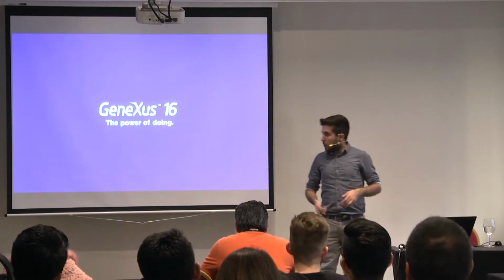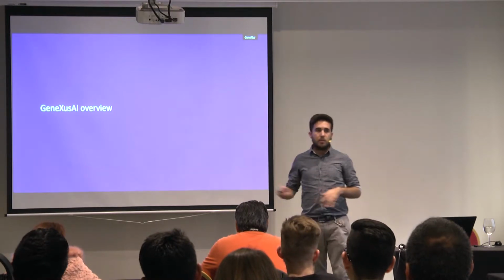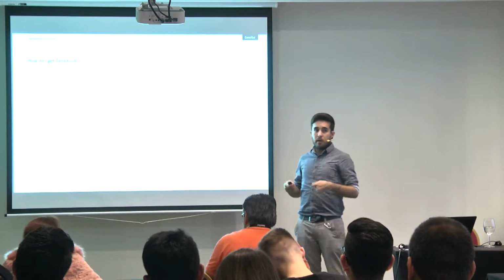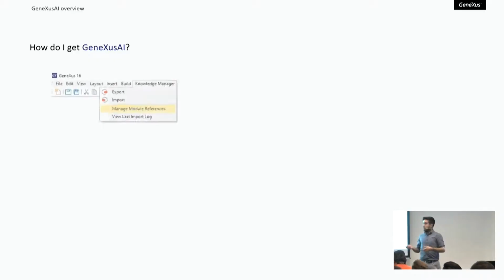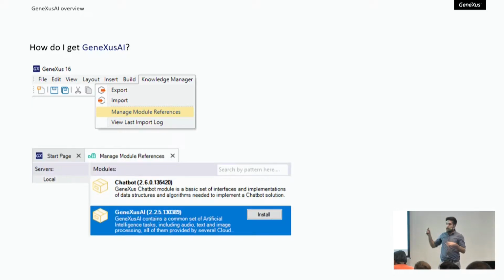So let's look at this. This is the overview of the GeneXus AI module. Now, this module is installed. I mean, if you browse GeneXus Toolbox, you can go to Manager and Knowledge Manager, and you'll have all the modules that you may create, among which GeneXus AI.